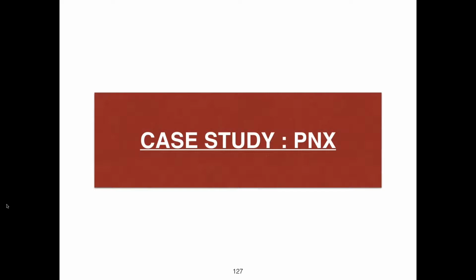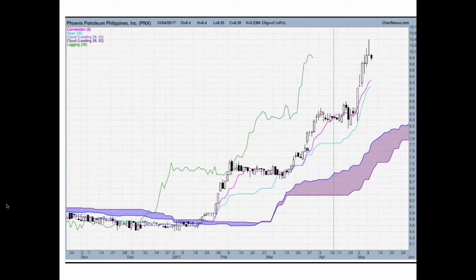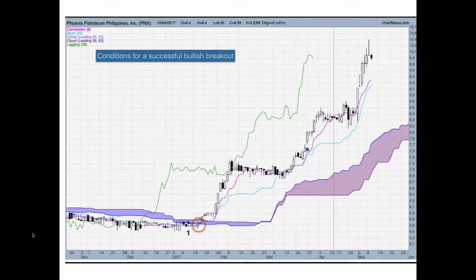So let's go to another case study. We have PNX. Now PNX is on a strong uptrend. So what are the conditions for a successful breakout? First, there was a Tenkan-sen crossover at number 1.